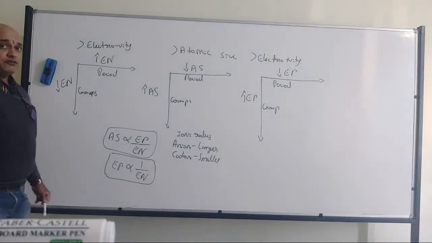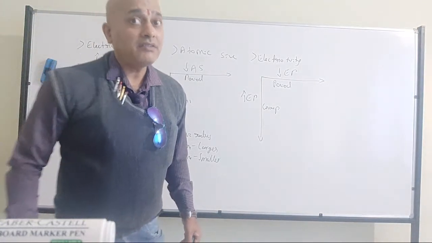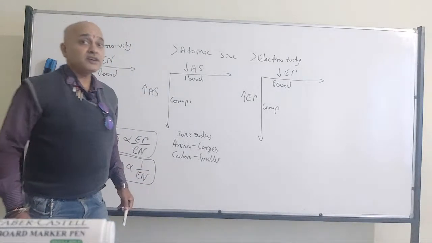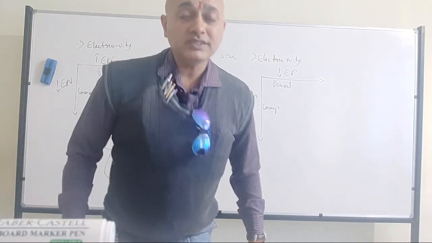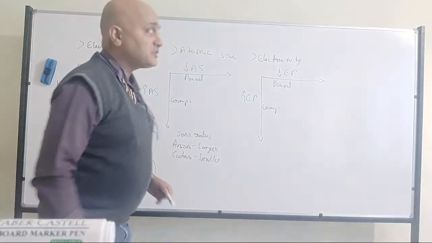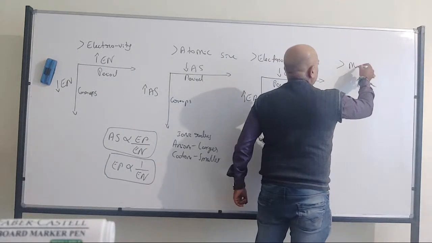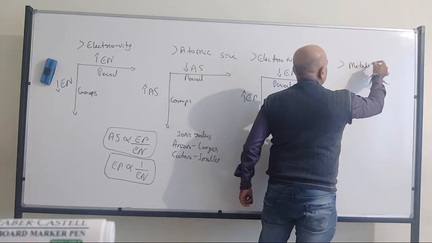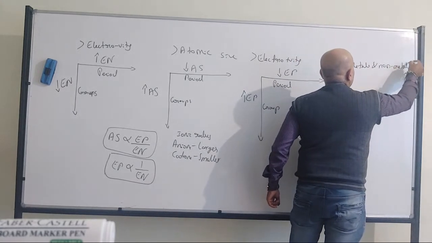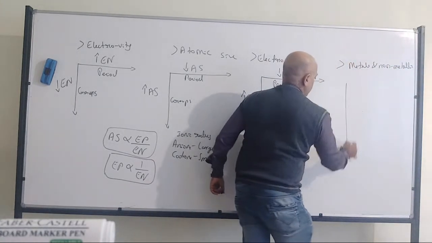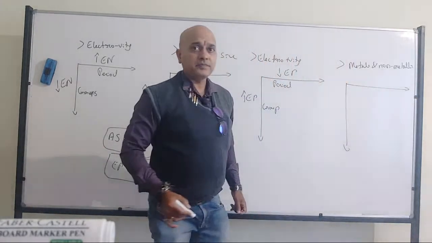Right? Now, if you go back, metals and non-metals, we have discussed, right? Features of metals and non-metals. Metals are electropositive, non-metals are electronegative. So in that case, if I talk about metallic and non-metallic character and plot the graph, how will it be?